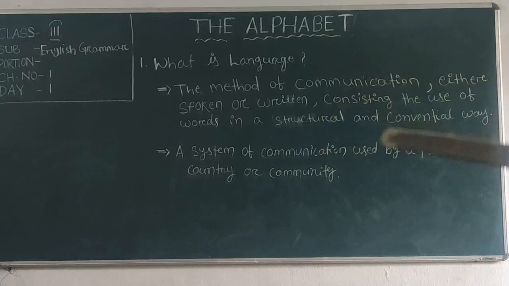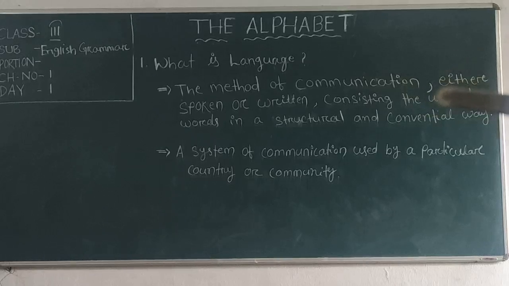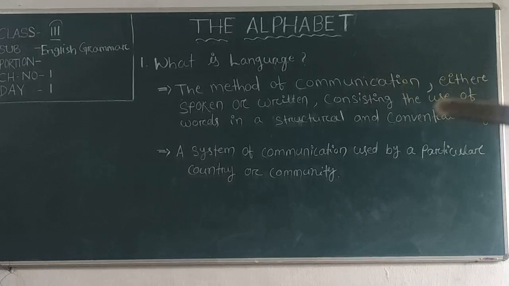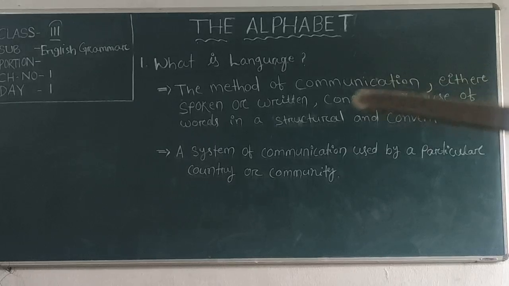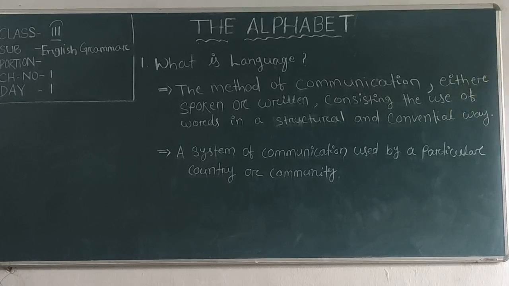The method of communication, either spoken or written, consisting of the use of words in a structural and conventional way. In other words, we can say that it is a system of communication.